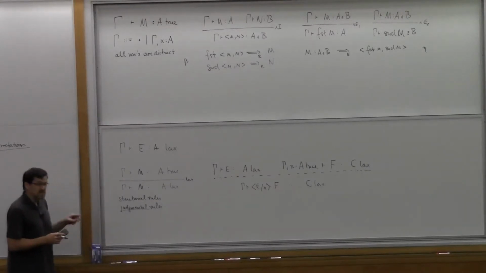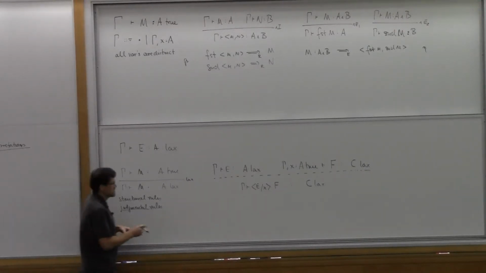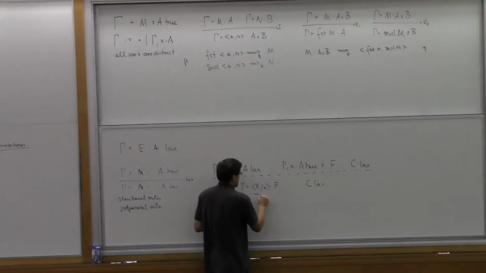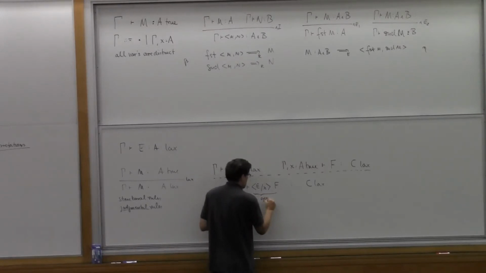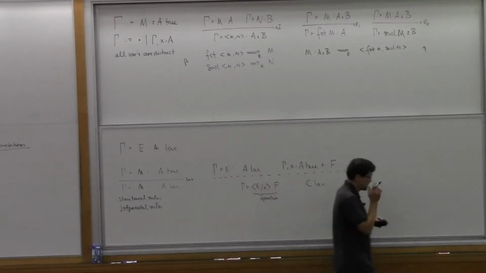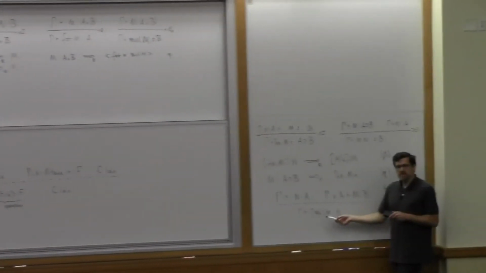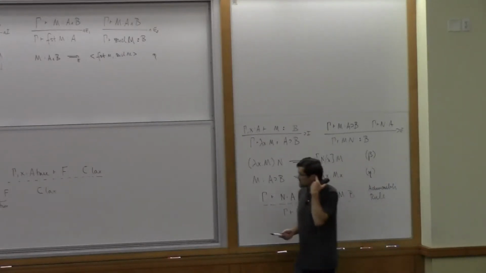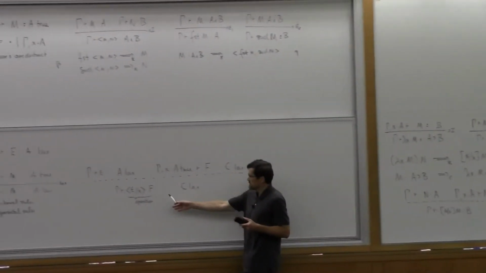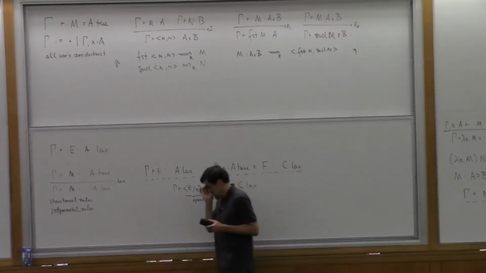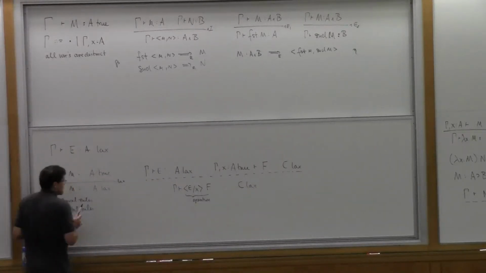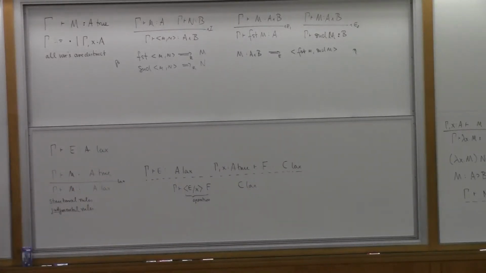This is not an inference rule, because this is an operation on proofs, on computations, if you will, these Fs. So you should think of it the same way as this rule over here. I haven't defined that, and I'll put off defining it for a little while, because I don't have any propositional connectives yet.